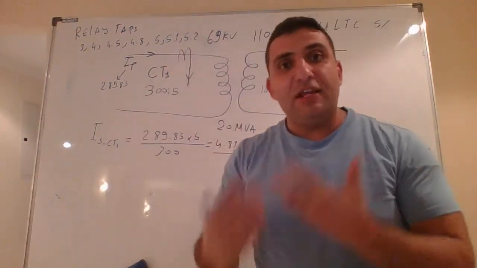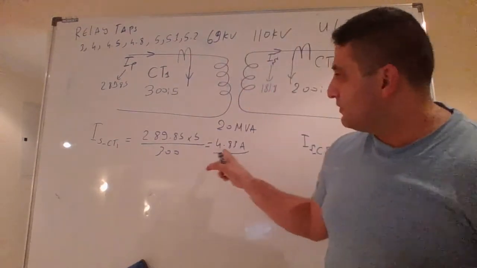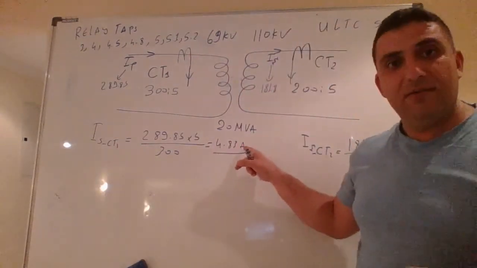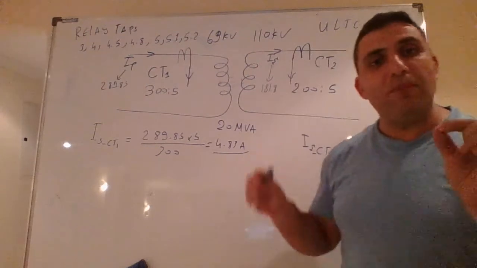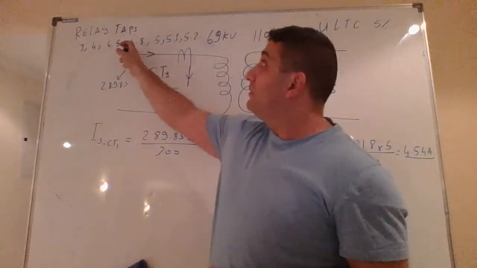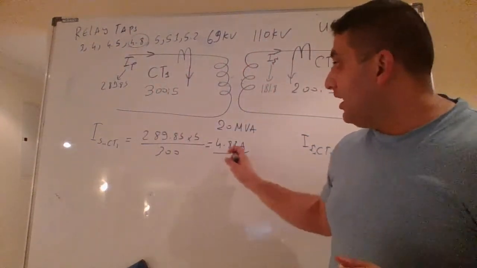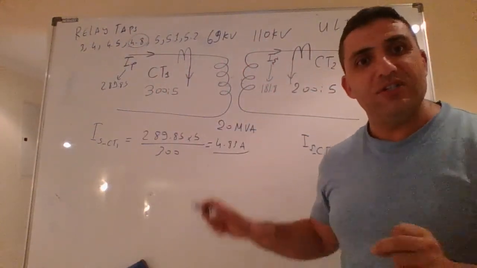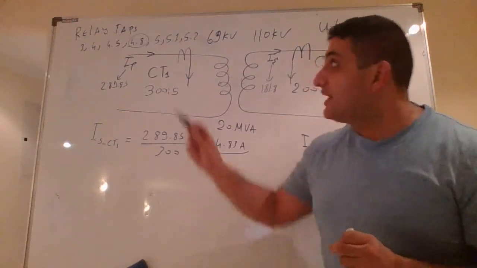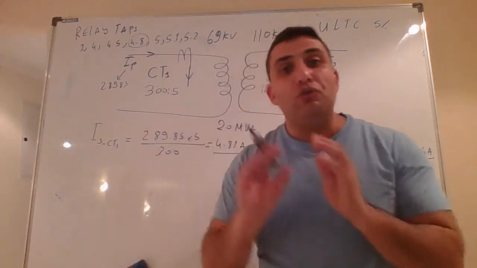Inside the relay, there's an electronic circuit. If I have only 5 amps, can you see the difference between 4.83 and 5? There's a 0.17 amp difference. However, if I choose the 4.8 tap, I have only a small error, which is 0.03 amps. That's why every relay will have multiple tap options to reduce the error.